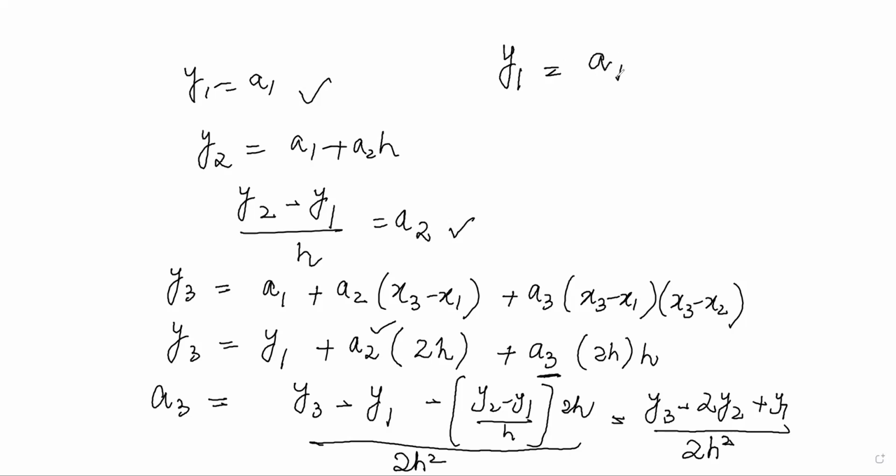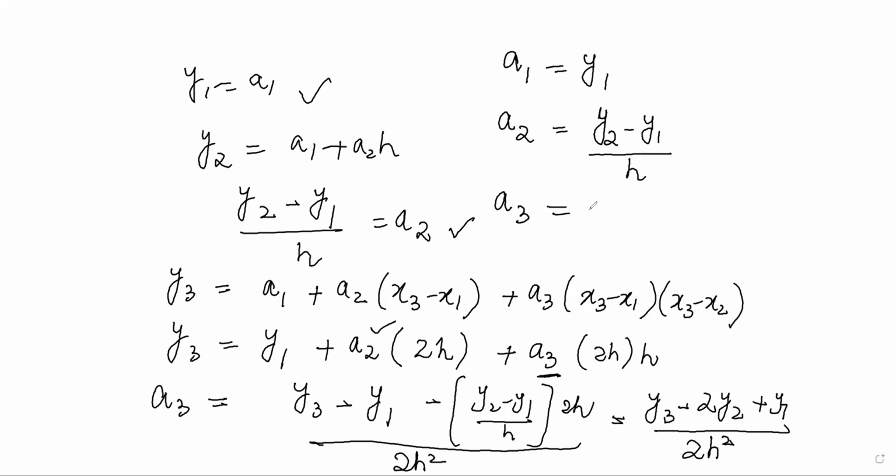I can write this as a1 is equal to y1, and our a2 is equal to (y2 minus y1) divided by h, and our a3 that we just obtained is equal to (y3 minus twice y2 plus y1) divided by 2h square.